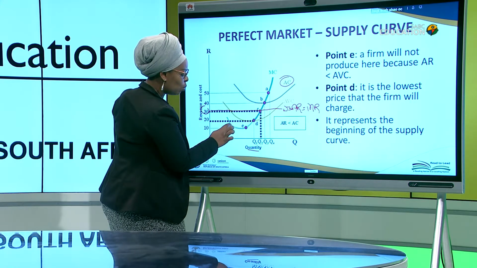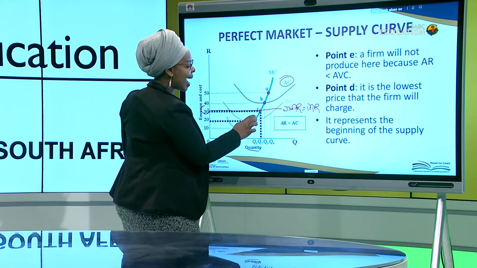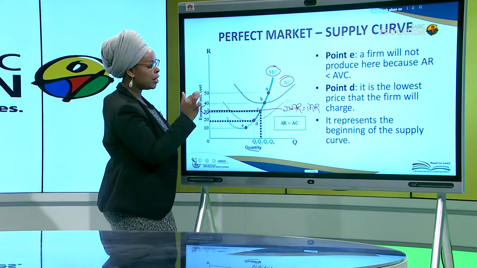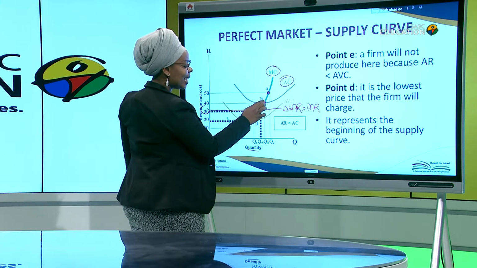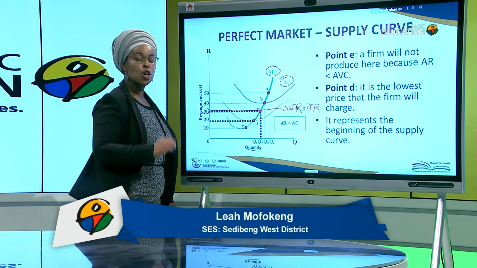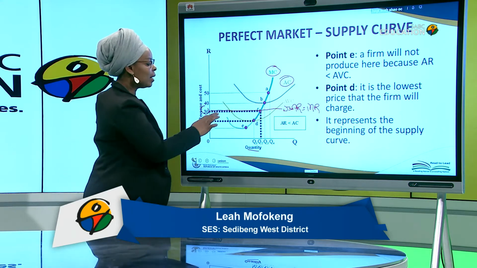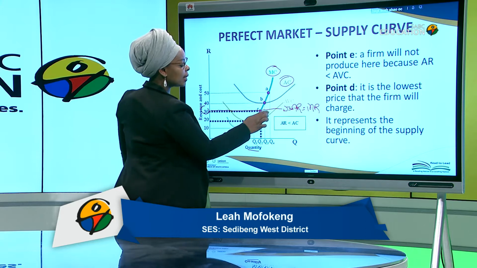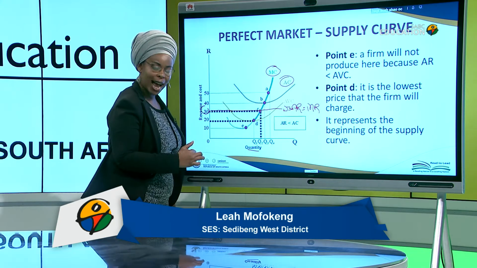It will move downward and rise again, and then you will label it MC, and you will ensure that it cuts across the AC curve at its lowest. Then you will draw below your average revenue the AVC curve, which is represented by the yellow color.